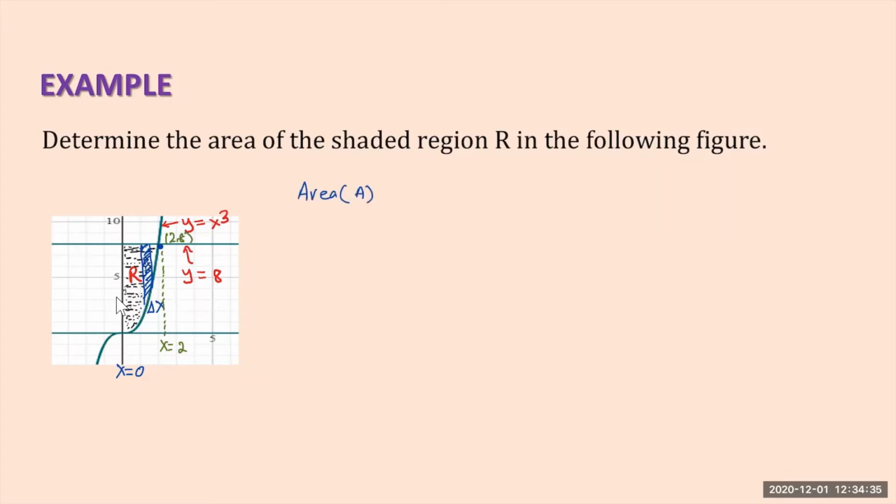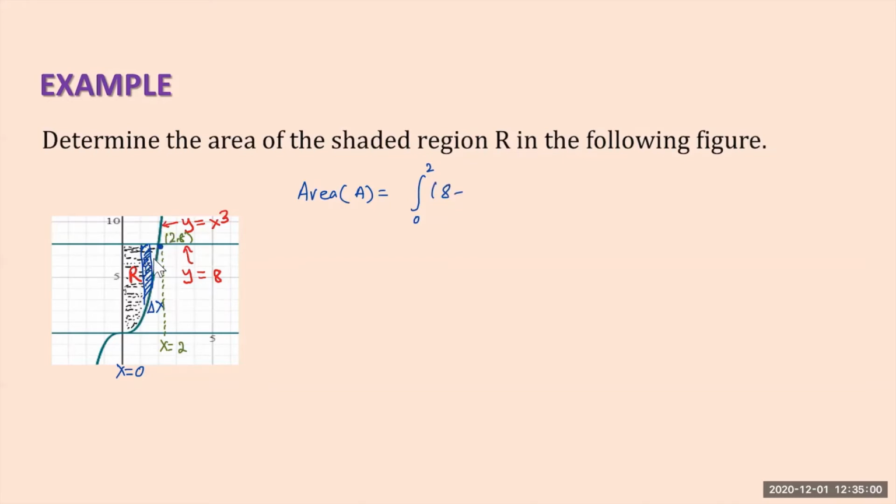Area A is the definite integral from 0 up to 2. Since this area is bounded by two functions, the way we write the area or definite integral is the upper function, for this reason, the upper function is y equals 8, minus the lower function.